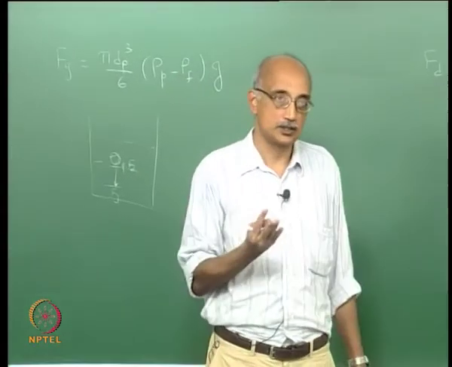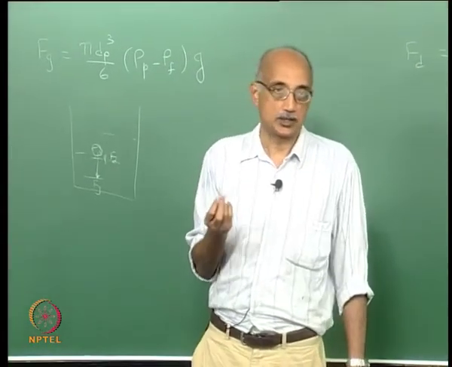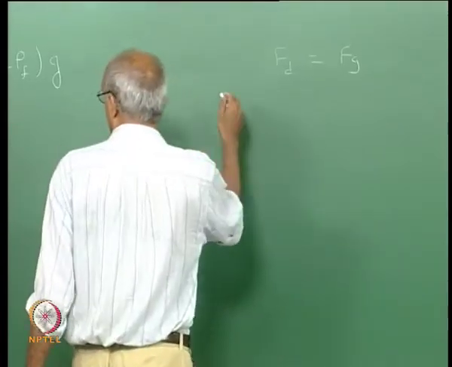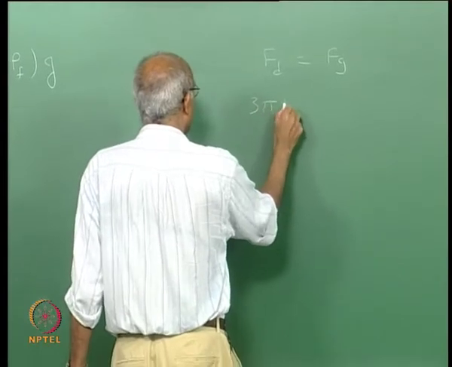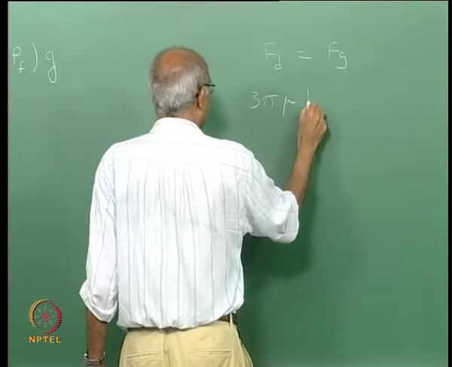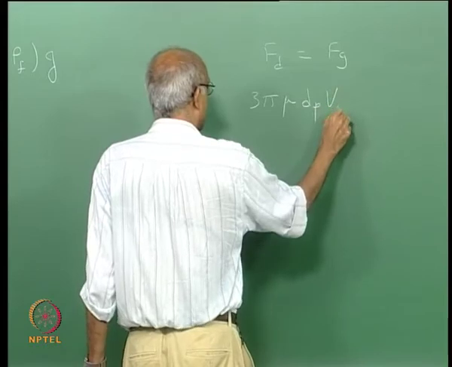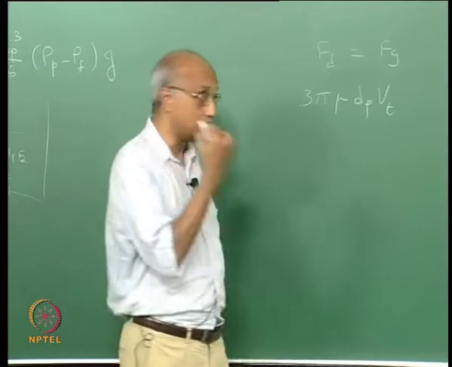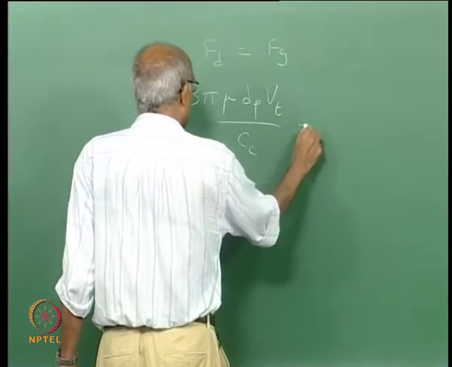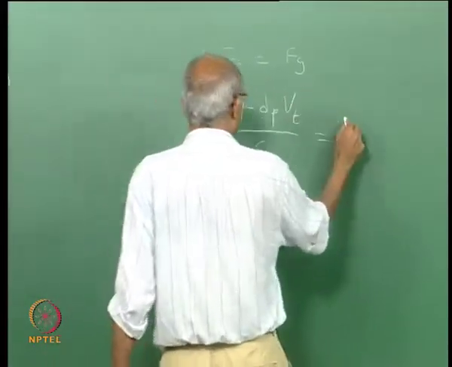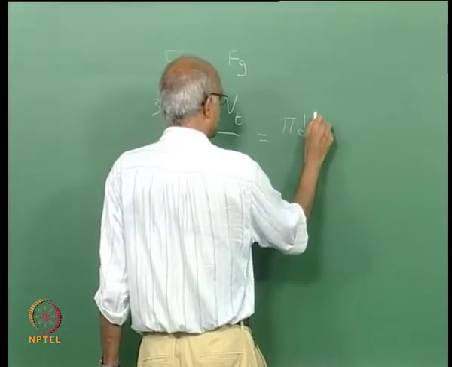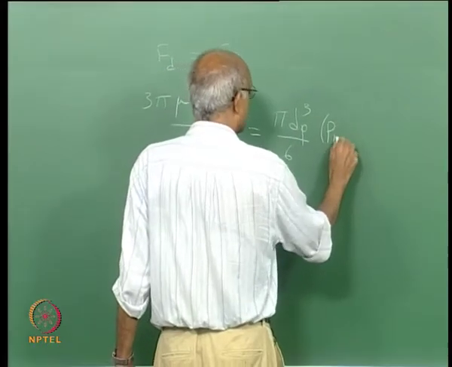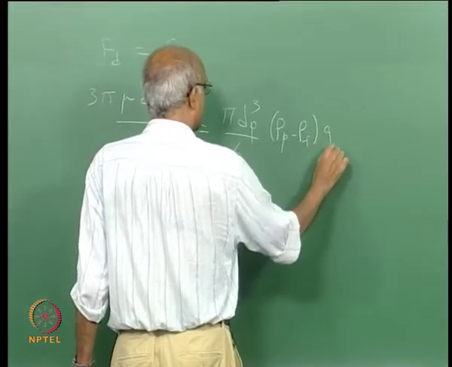So, when you do that, let us take the case of very small Reynolds numbers. Under settling conditions, mostly the Reynolds numbers are very small, so you can assume that the drag force will correspond to that. So, it is 3 pi mu dp times, in this case, the terminal velocity Vt over Cc, and this is equated to pi dp cubed by 6 times rho p minus rho f times g.